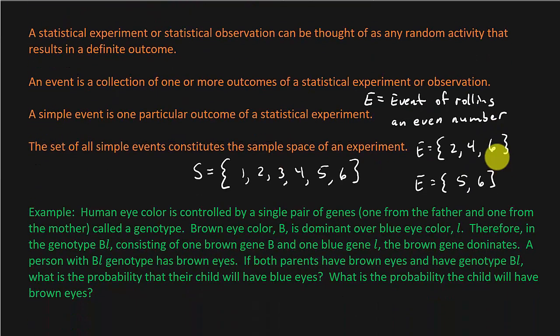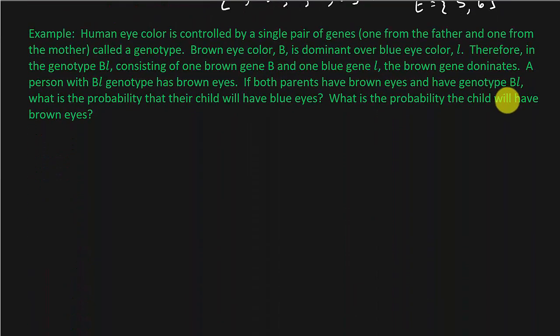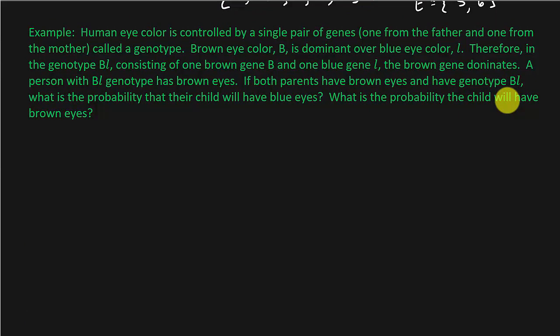All right. So now let's look at this example here. It says human eye color is controlled by a single pair of genes, one from the father and one from the mother, called a genotype. Brown eye color, B, is dominant over blue eye color, L. Therefore, in a genotype BL consisting of one brown gene, B, and one blue gene, L, the brown gene dominates.